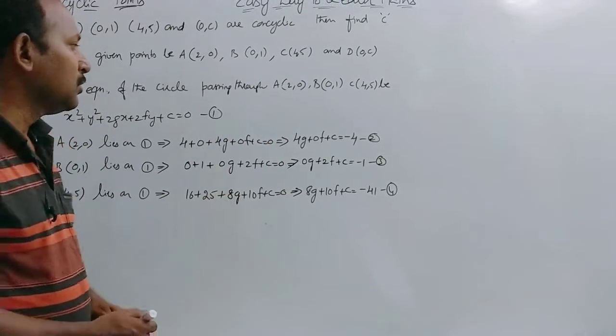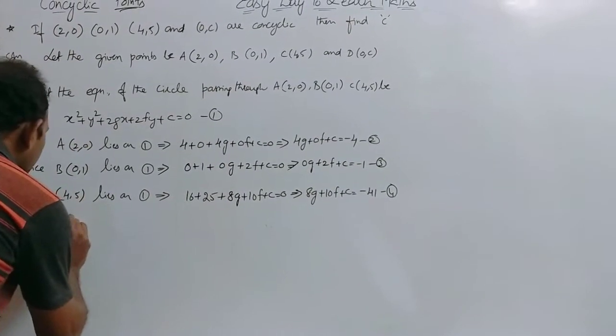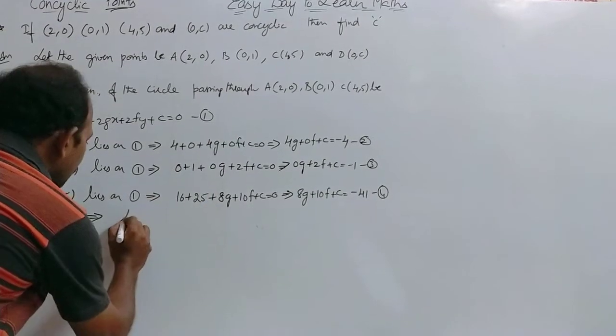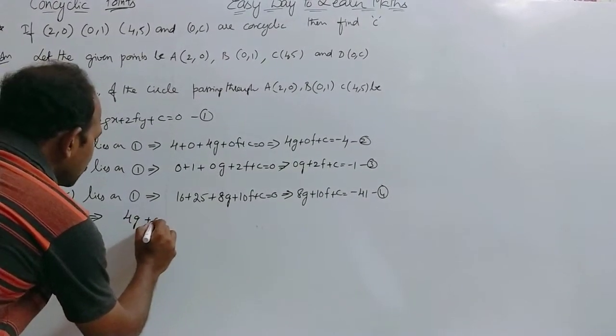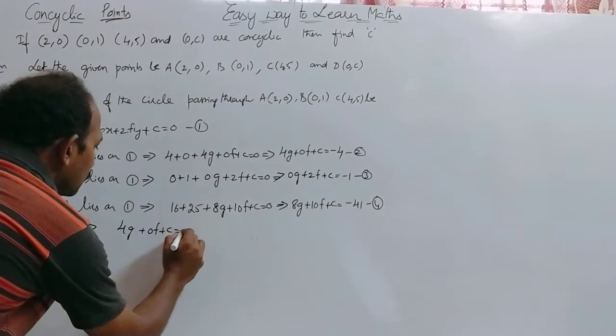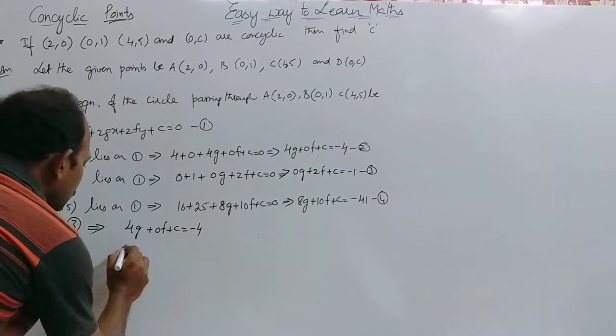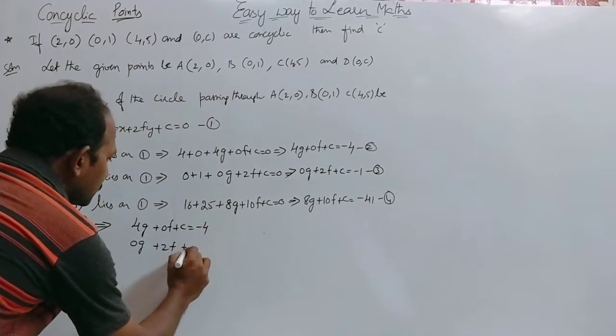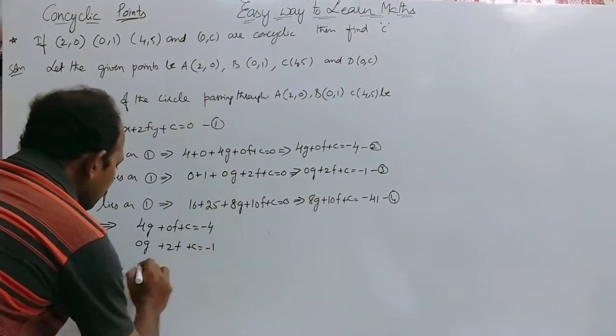Let us solve. Applying 2 minus 3. The second equation is 4g plus 0f plus c is equal to -4. The third equation is 0g plus 2f plus c is equal to -1.